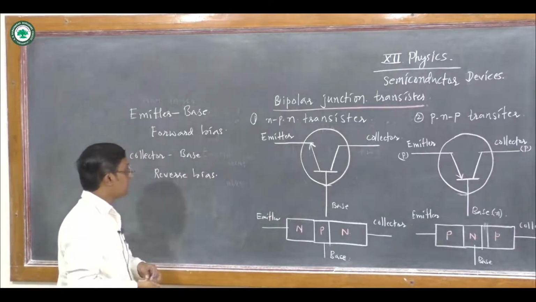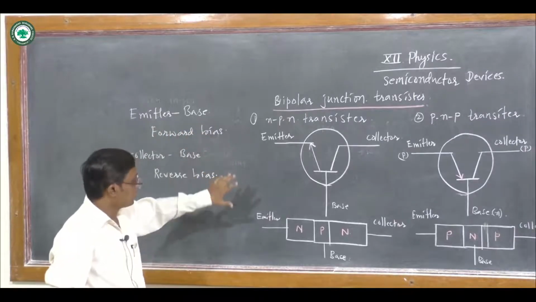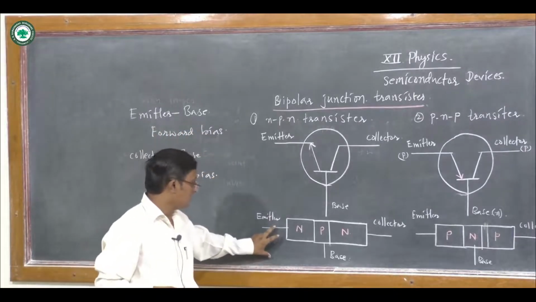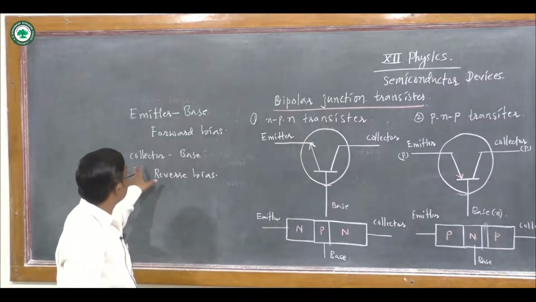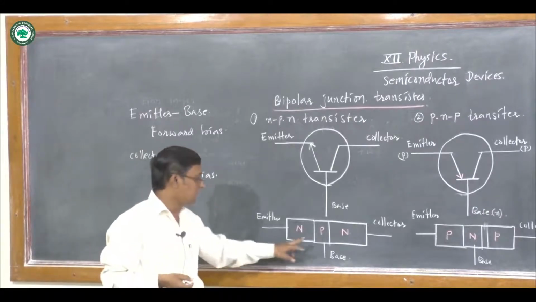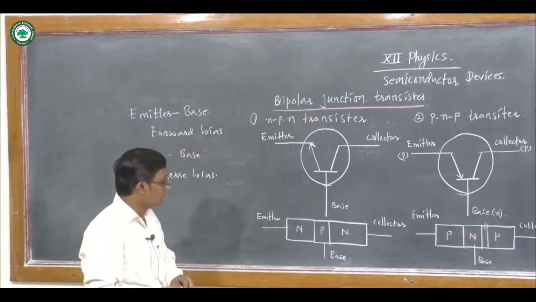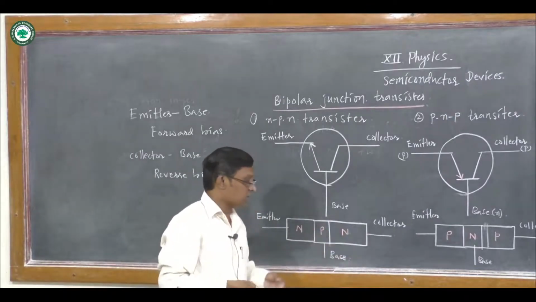Because of this biasing, we get the current through the emitter and base connection, while the collector and base is in a reverse bias, so that we do not get any current in this region.